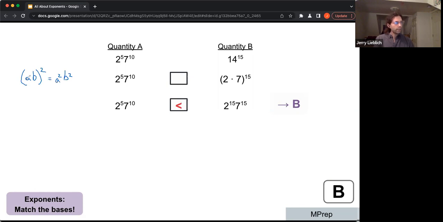If I've got multiplication raised to a power, I can distribute. If I have the same power with multiplication, I can multiply the bases. The same is also true of division. If I've got division raised to a power, I can distribute that power.